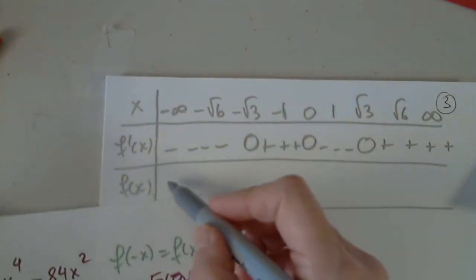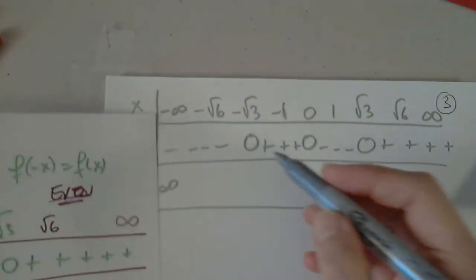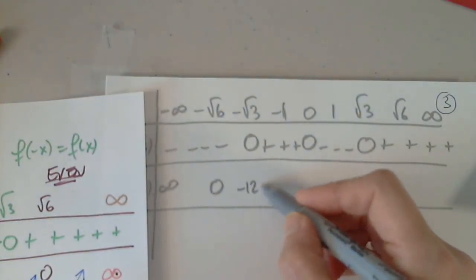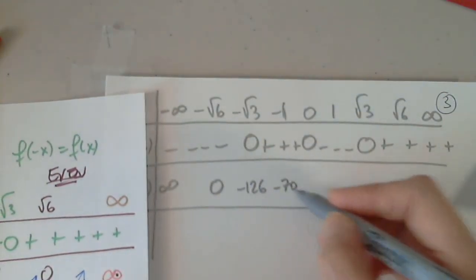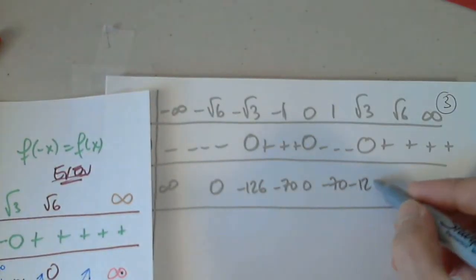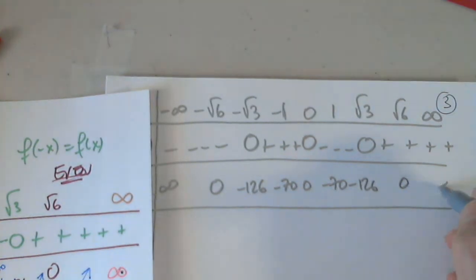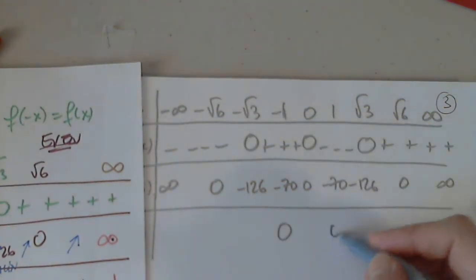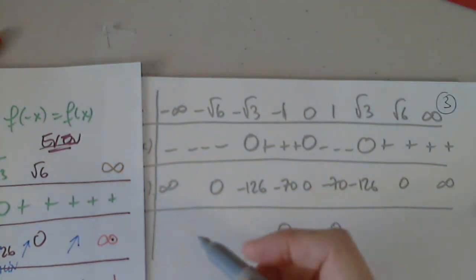And then I'm copying infinity, and then 0 here, and negative 126, negative 70, 0, negative 70, negative 126, 0, and infinity. And I have 0 here and 0 here, and the signs are these.